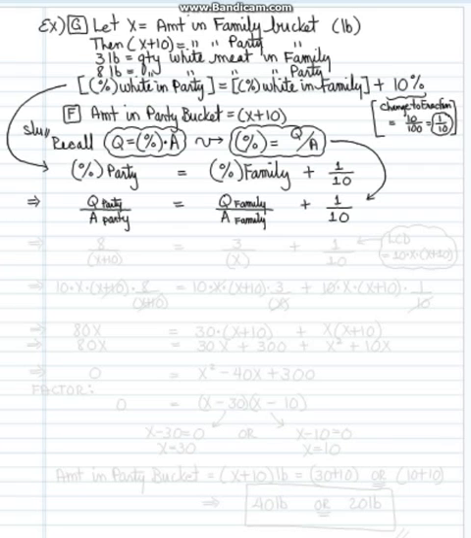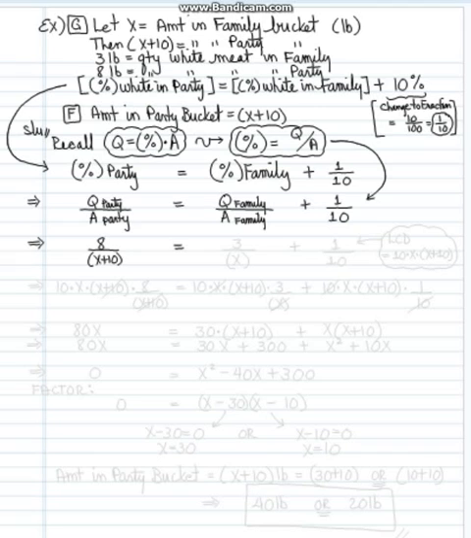Okay, now let's replace some of these things with what we were given. The quantity of white meat in the party bucket was given to be 8 pounds, divided by the amount in the party bucket, x plus 10. Bring down the equal sign.